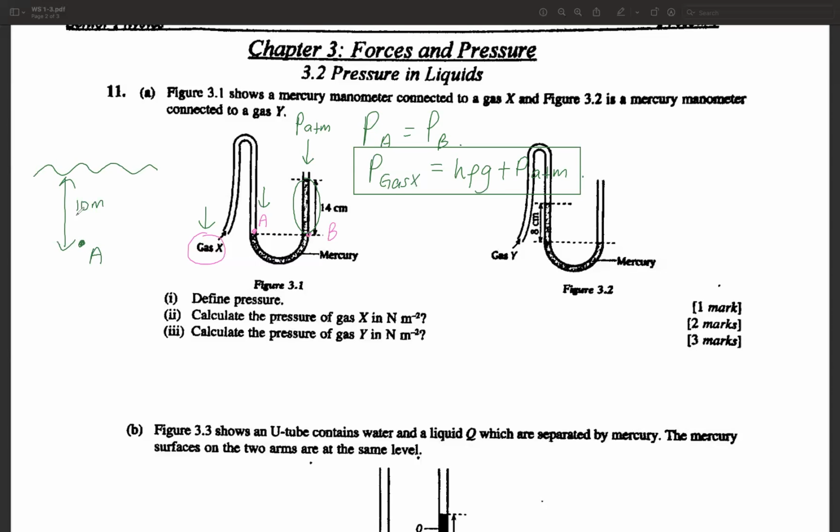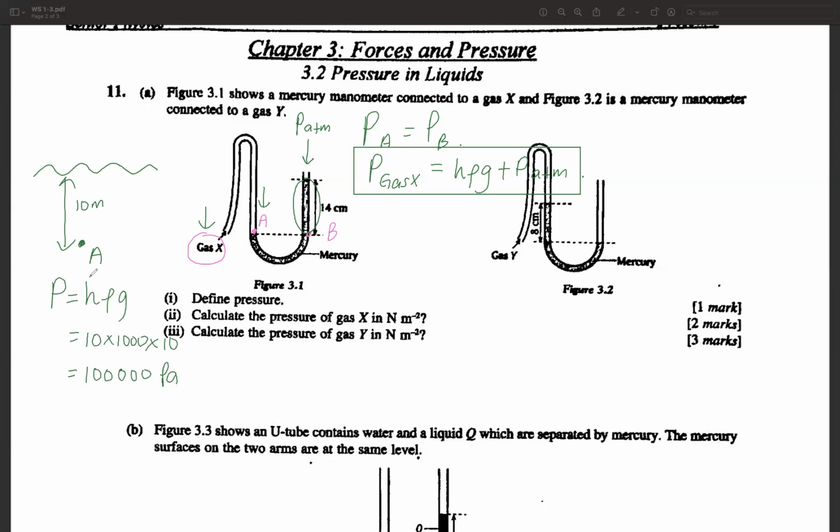What is the total pressure acting at point A if it's under the sea? So how do you calculate this? Not just doing this, P equals to H rho G, then you do 10 times 1000 times 10. You get what? 100,000 Pascal. Is this your answer?